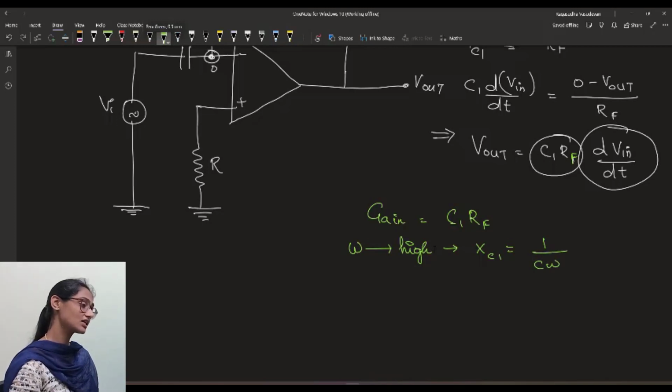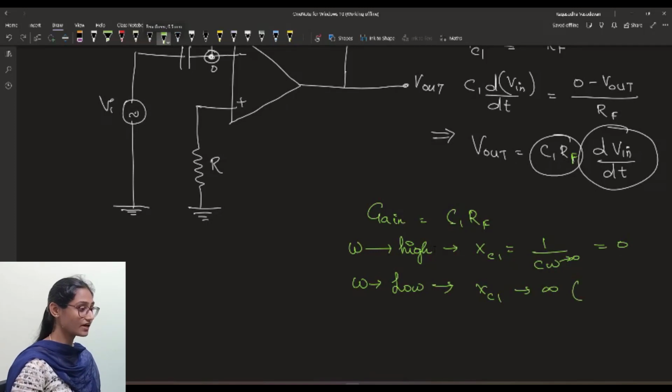So when frequency is increasing and approaches infinity, this becomes 0. The gain diminishes at higher frequencies. When omega is low, the value of XC1 approaches infinity, and thus there will be distortion.